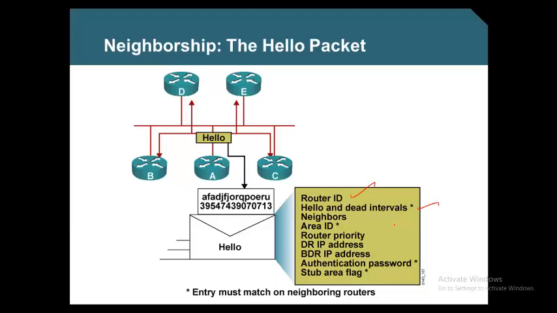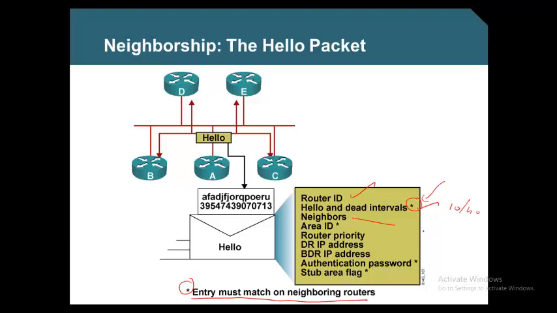Thirdly, the list of neighbors will be shared. Area ID will be shared. The area ID also should match. So far two things we have seen that should match: one is timers, the other one is area ID. So area ID should match and timer should match.